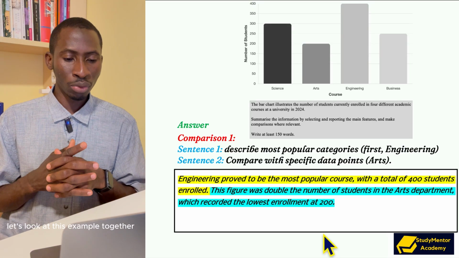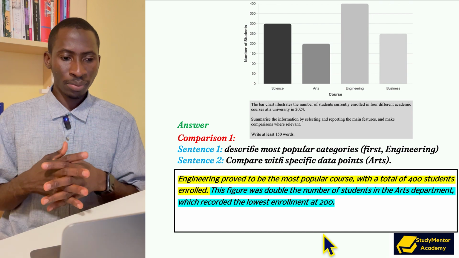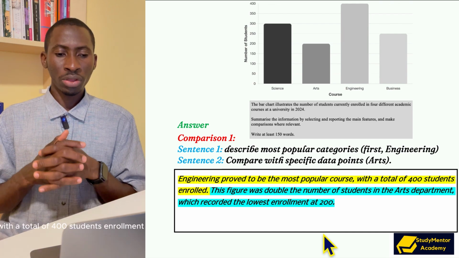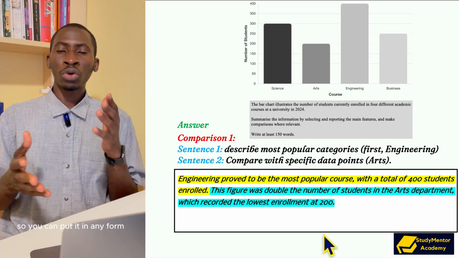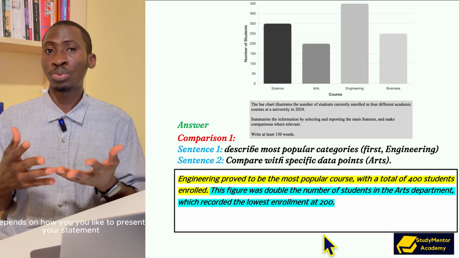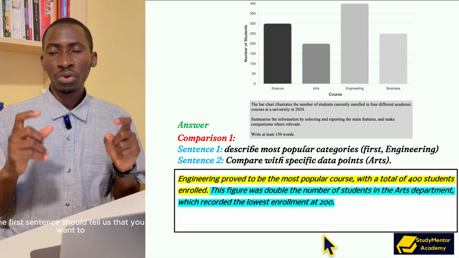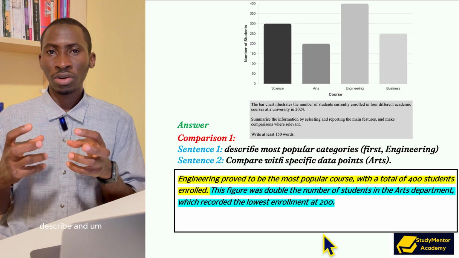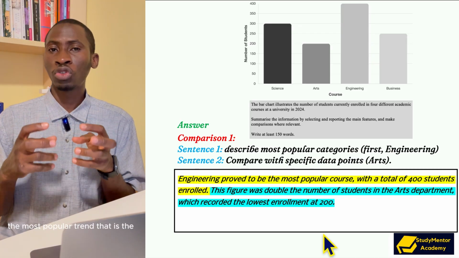Okay, let's look at this example together. First and foremost, engineering courses happen to be the most popular course with a total of 400 student enrollments. You can put it in any form, depending on how you like to present your statement. But the fact still remains that the first sentence should tell us that you want to describe the most popular trend.